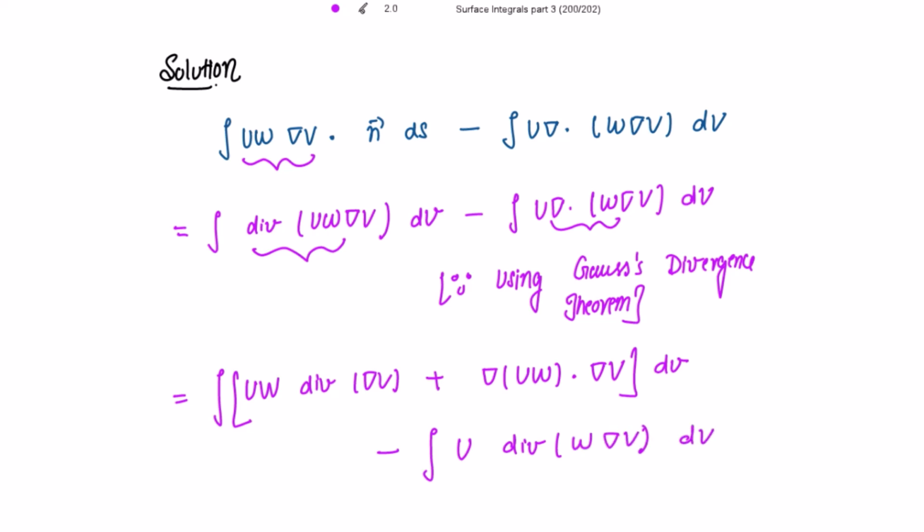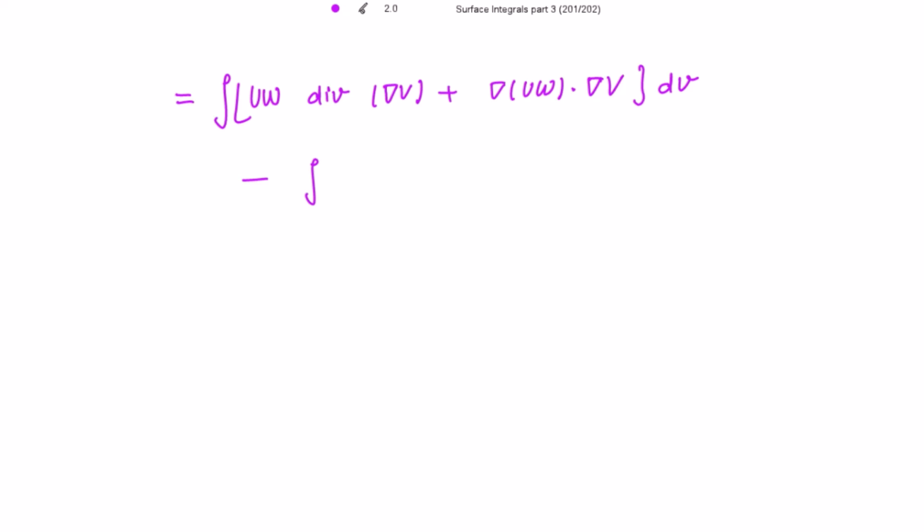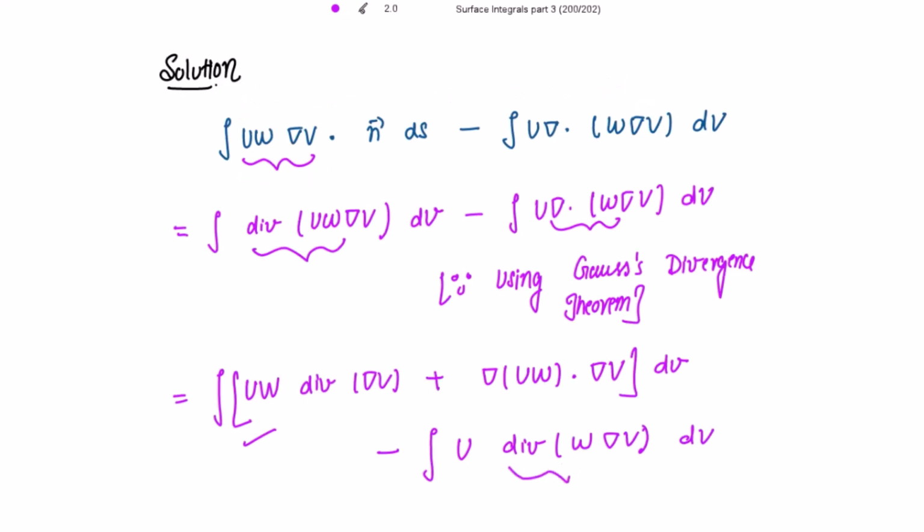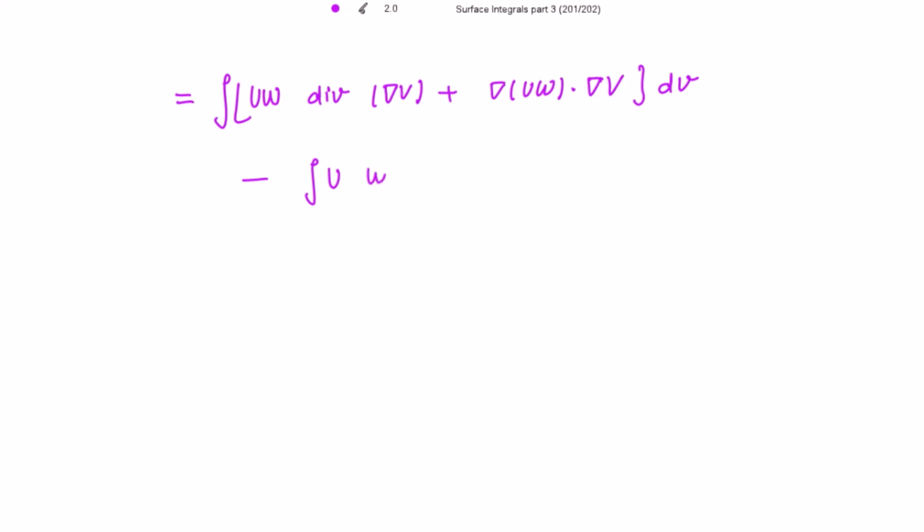In the next step we are going to apply the same result over here, the divergence of w ∇v. So writing the first integral as it is minus the second integral u into the divergence of w ∇v. Let's apply the same result over here also. So writing here w divergence of ∇v plus ∇w dot product with ∇v, and writing here dv.